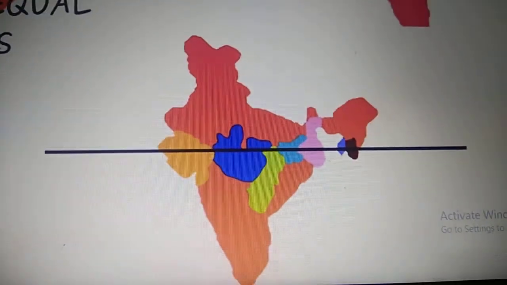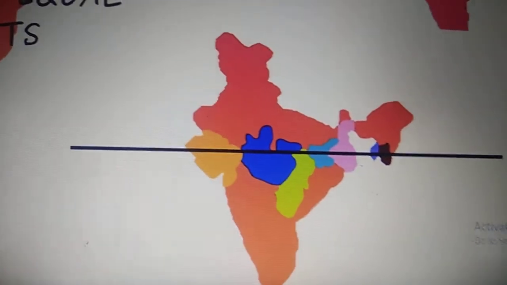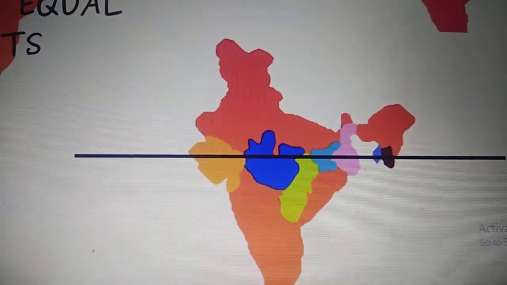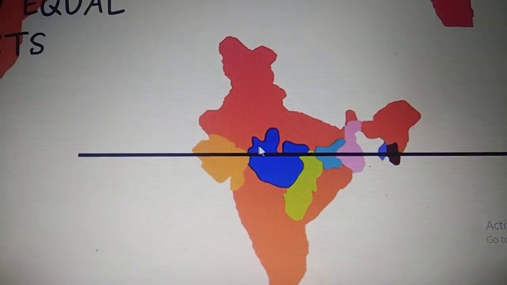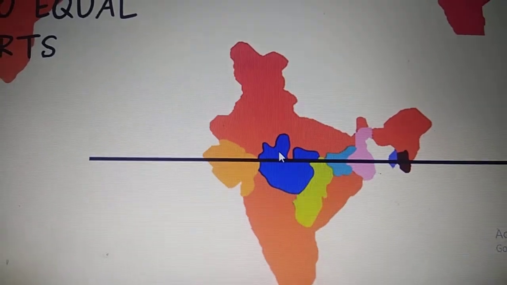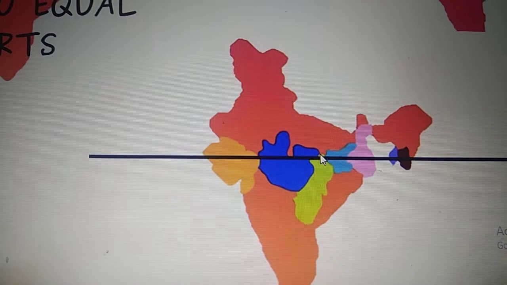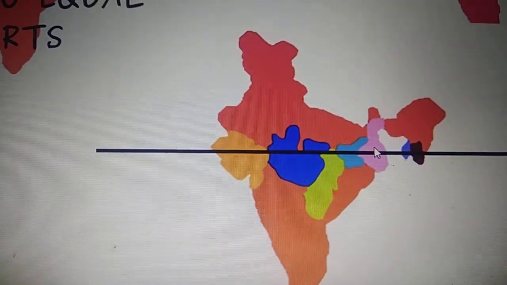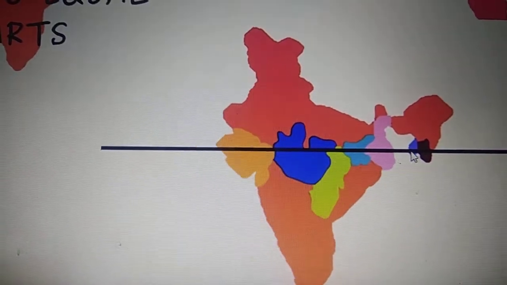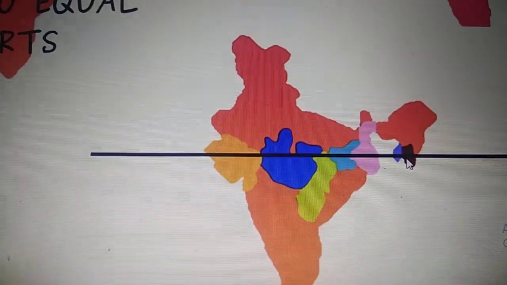Now you can see here which states it is passing through. We see Rajasthan, then Madhya Pradesh, then Chhattisgarh, Jharkhand, West Bengal, then Tripura and Mizoram.